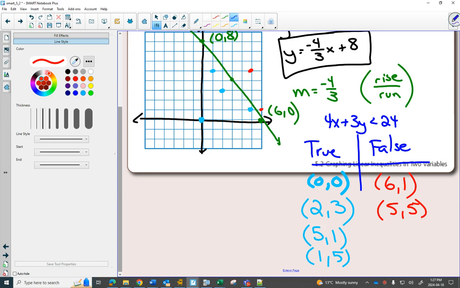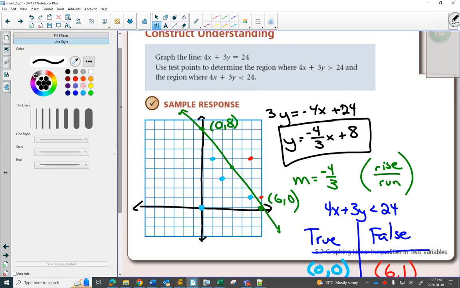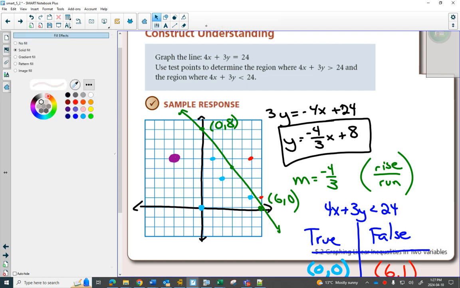But now I'm going to draw a big purple point, like really big. Okay, as quick as you can, tell me true or false. True. False. False.